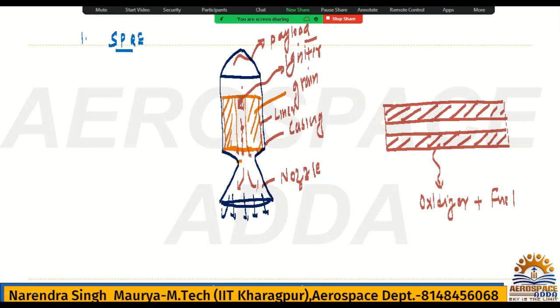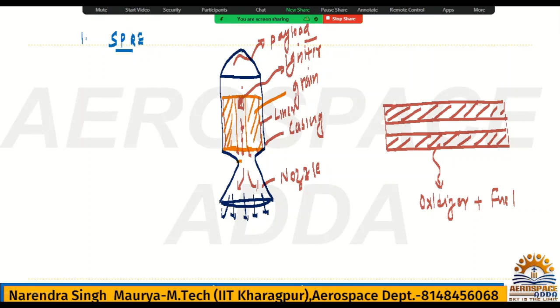If it is liquid form then we should keep a separate vessel, but here we have mixed the oxidizer and fuel ingredients and made them in solid format, so separate vessels are not required. It is a very good thing for solid propellant. So storing is very easy.